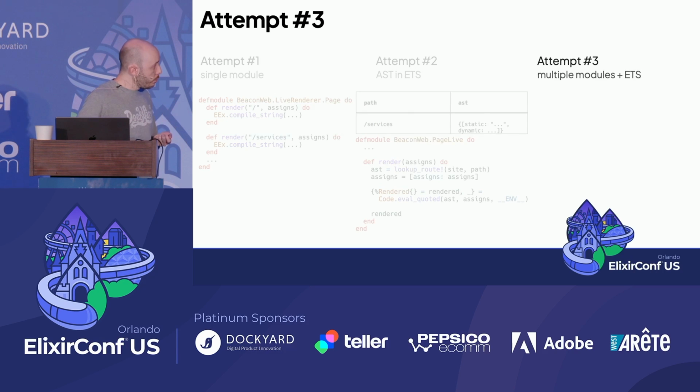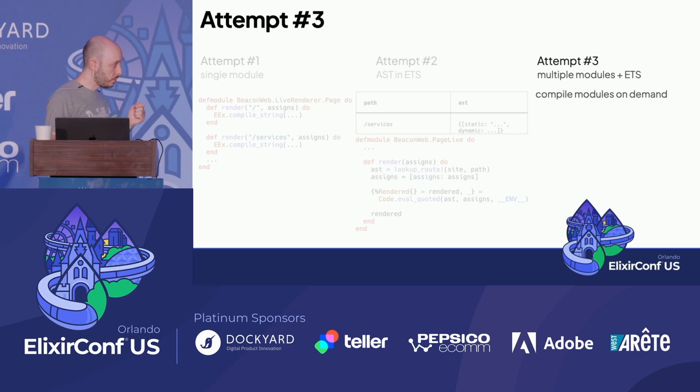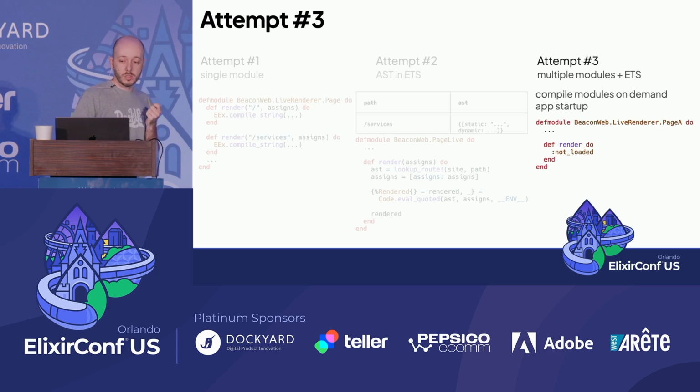And the design we have now, as you can imagine, still has the same problem as the first design does, because we still need to compile more than 700 modules, which also demands too much memory. So the solution was, okay, let's build and load the page modules, but not the render function.